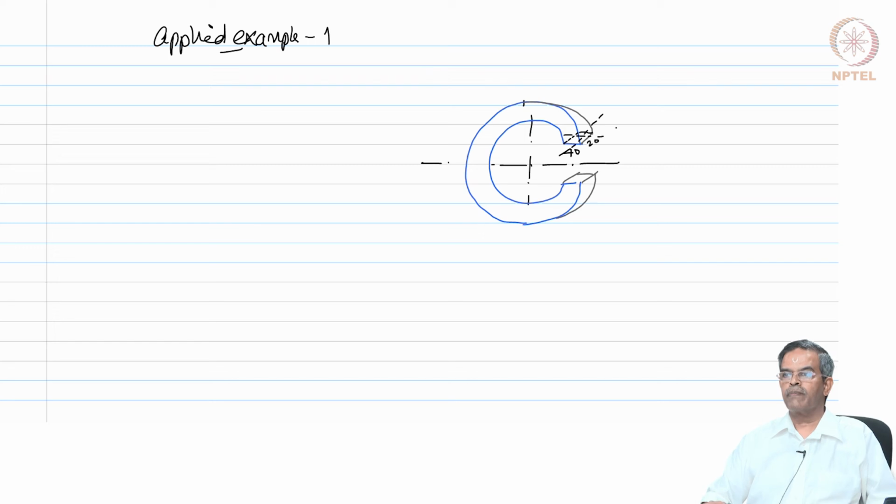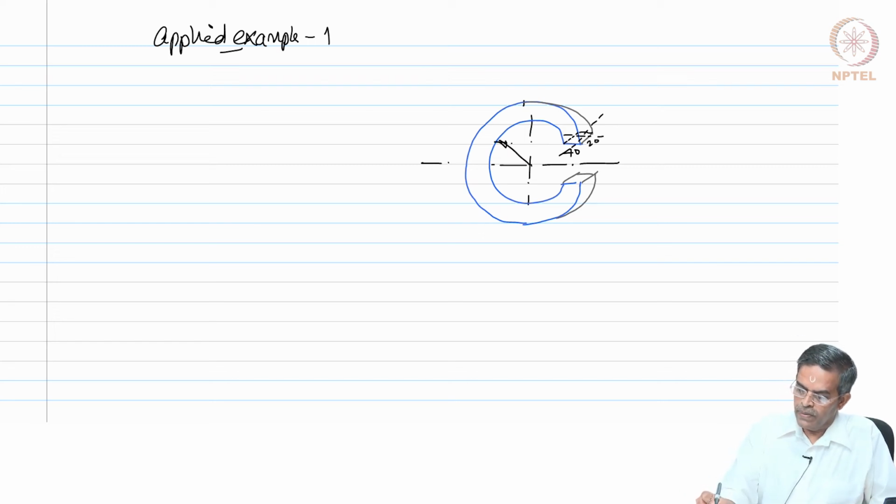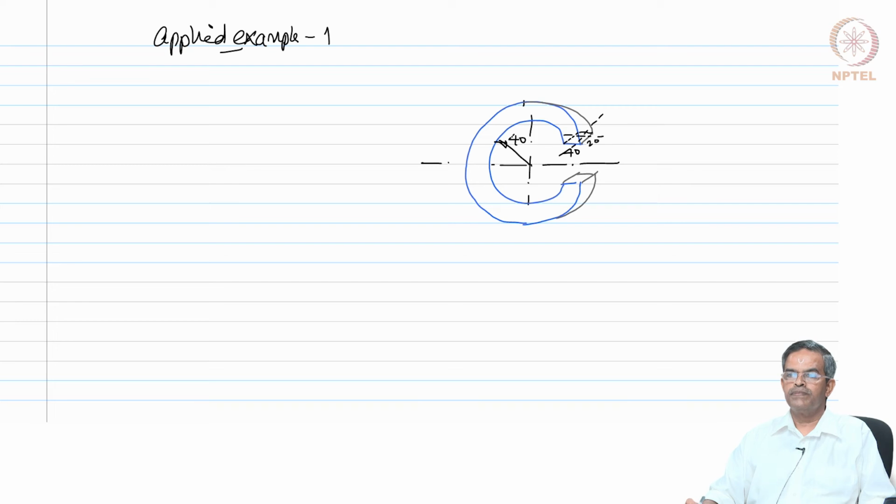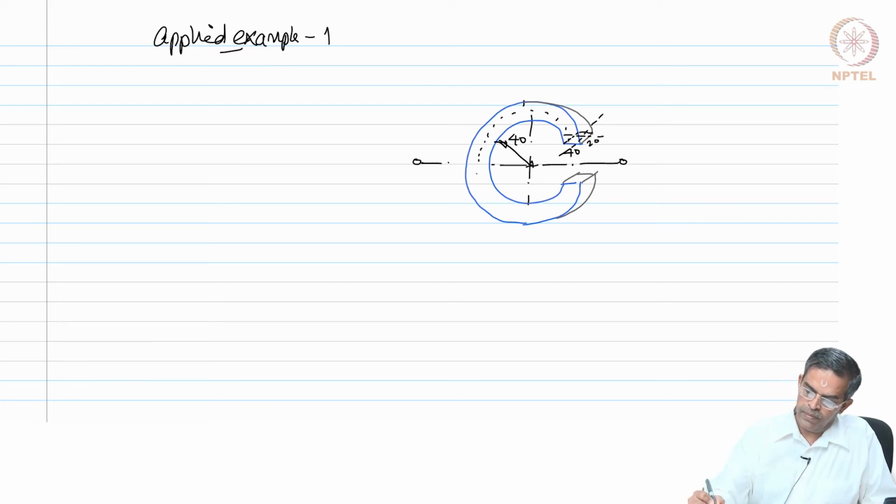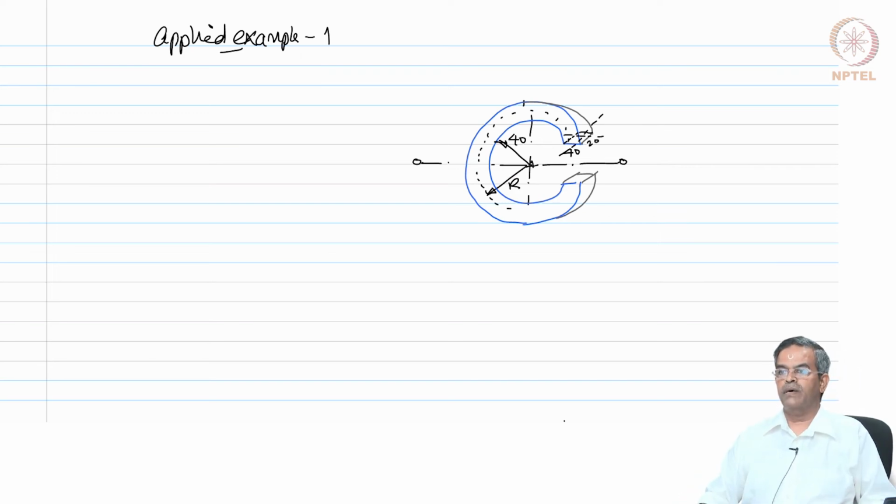Let us say this radius is also 40. This is the central axis. Now, I call this my plane of reference OO because the curve is measured from here, and for the center I will mark R as usual. I am doing an applied example.